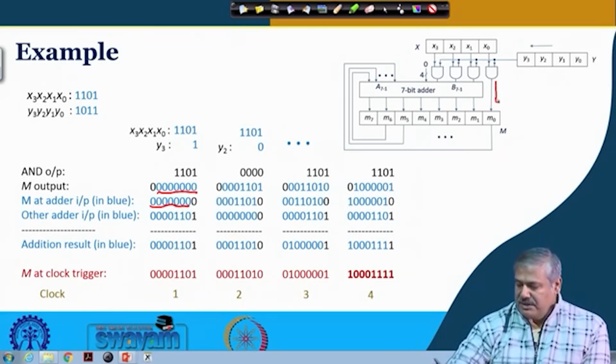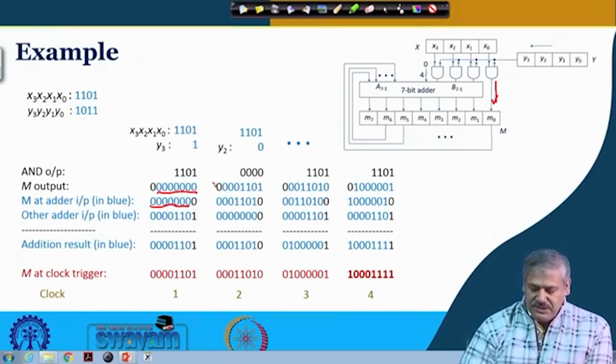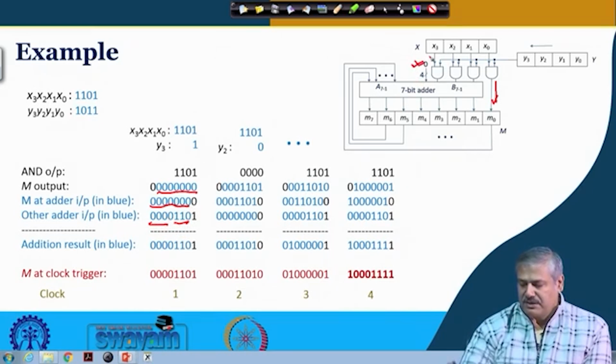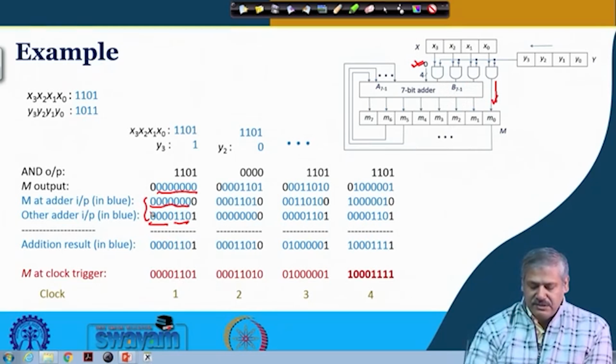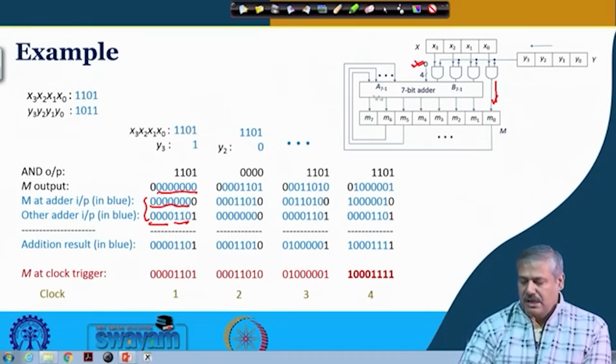This one is not used, this is coming directly as per the circuit diagram to the M0, and the rest 3, that means 1 1 0. So, this 1 1 0 and the rest 4 are 0, and this is 1 1 0. These 7 bits are going as A and B for the adder.